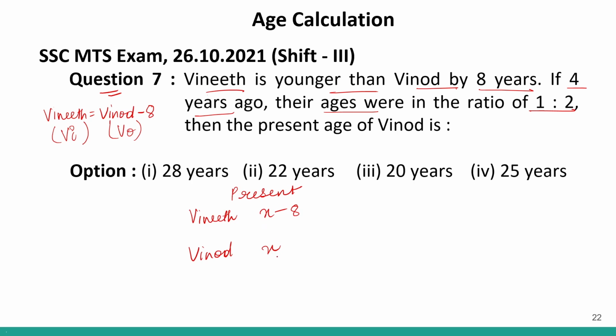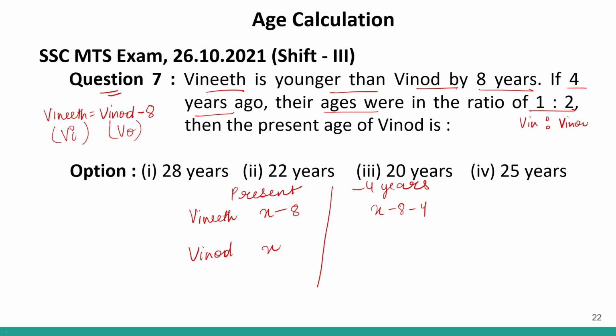Correct? Now, 4 years ago, minus 4 years. Ratio is given to us. So, x minus 8 minus 4. This is Vineet to Vinod.